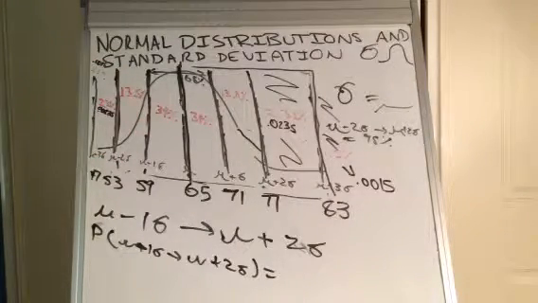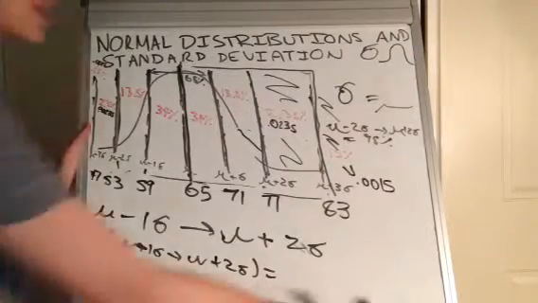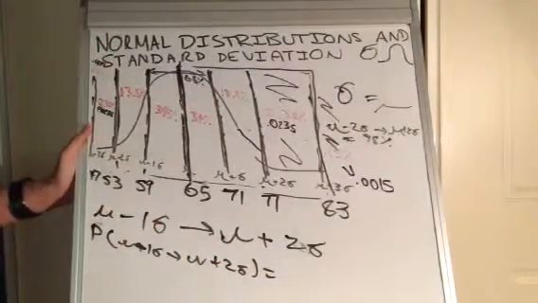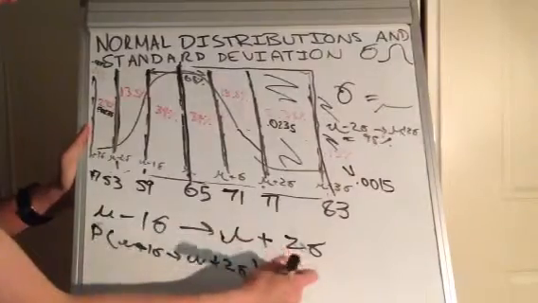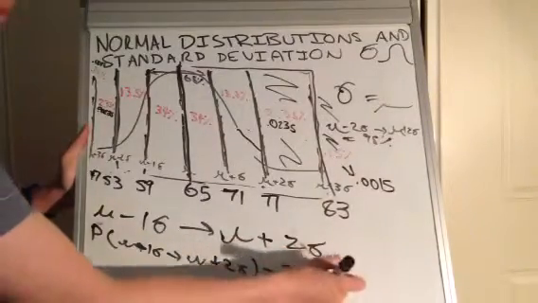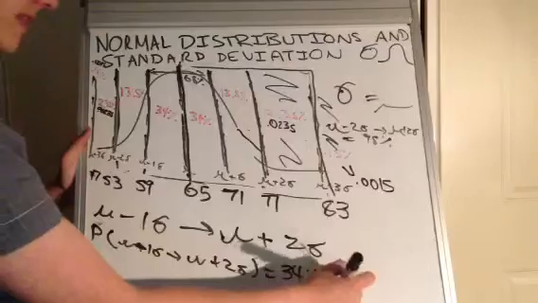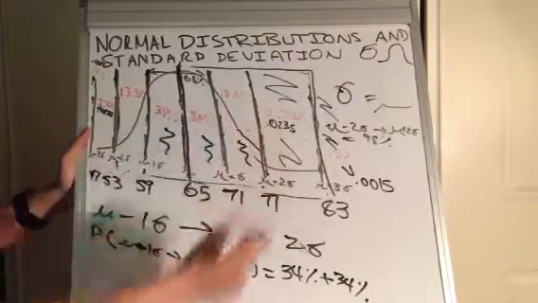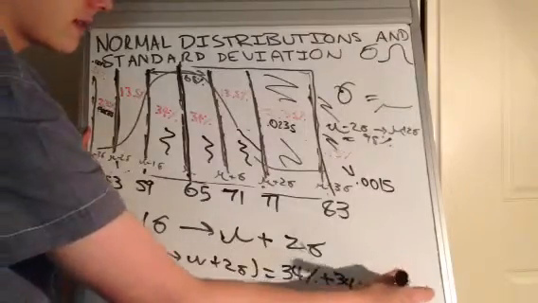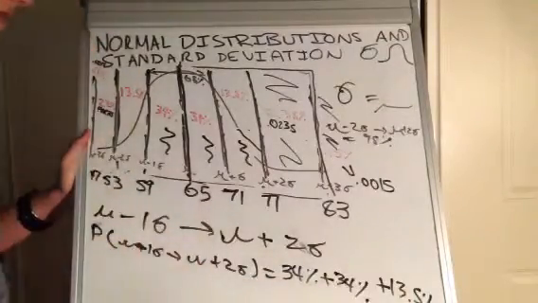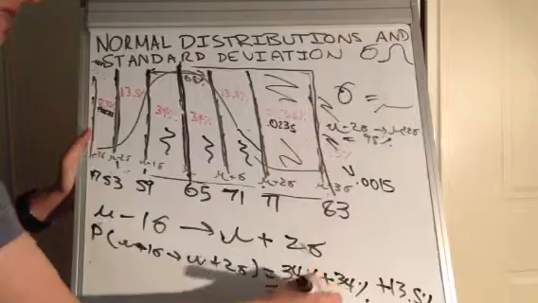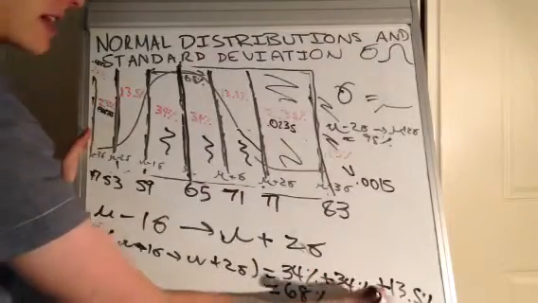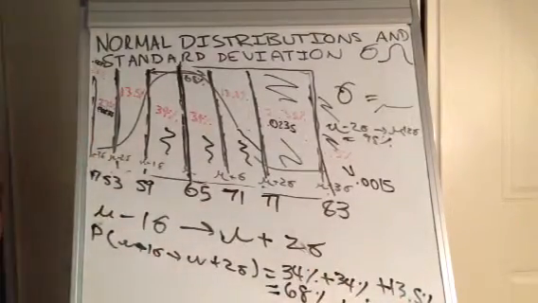Now, I'll leave it as a percentage at the moment to make it nice and easy to calculate, and then we can convert it at the end. If you do want to actually put it into probability, you can go ahead and do it, but we have 34% plus 34%. Again, this one here and that one there is also going to need to be counted. So therefore we have 68%, because 34 plus 34 is that, plus 13.5%.